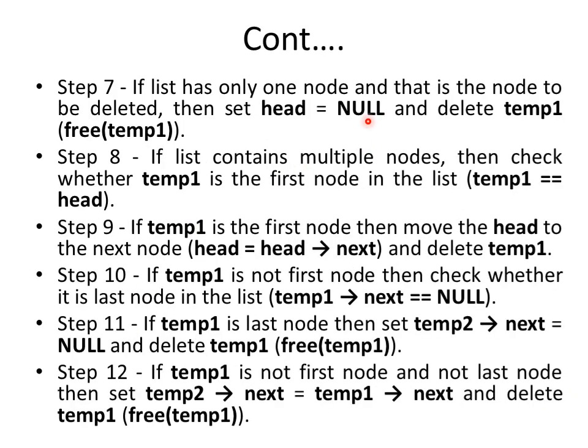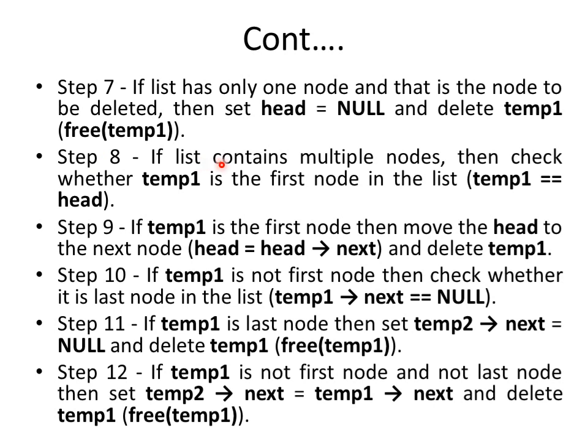If it has only one node, I set head equals null and delete temp1. For deleting, we use an inbuilt function, that is free. I have told that in dynamic memory we use malloc, calloc, realloc and free. Free is used to delete.